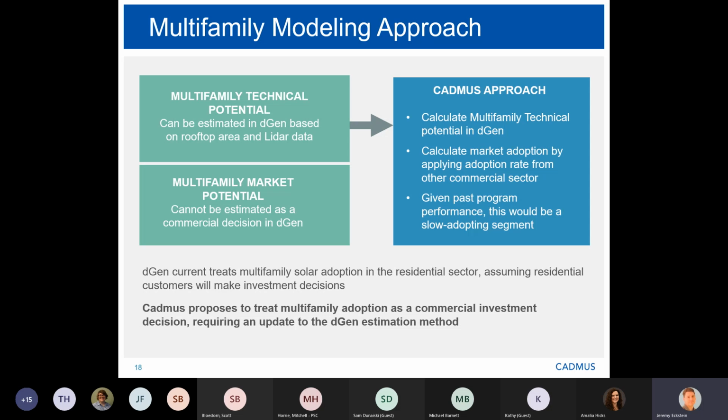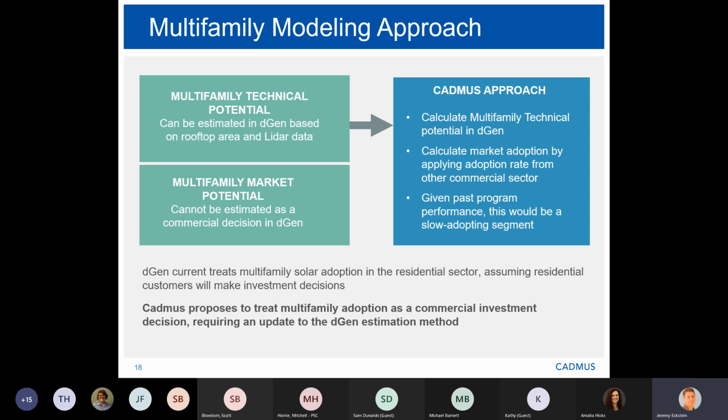And so what we're proposing to do is to estimate the technical potential, which is solely based on the available rooftop square footage and some of the shading constraints that the model takes into consideration, and then essentially apply an adoption curve to that segment that comes out of the other building segments that are modeled.